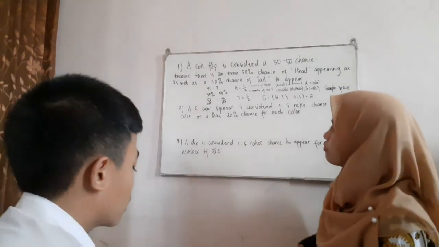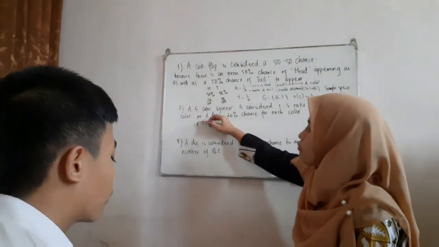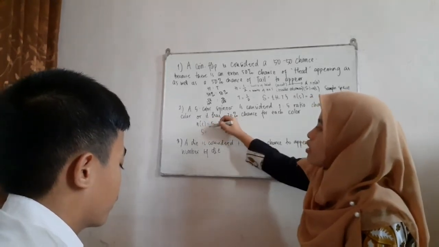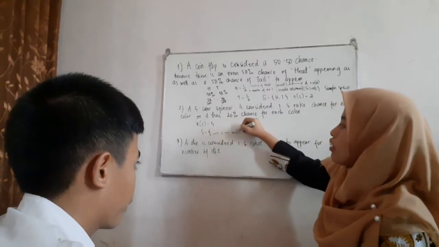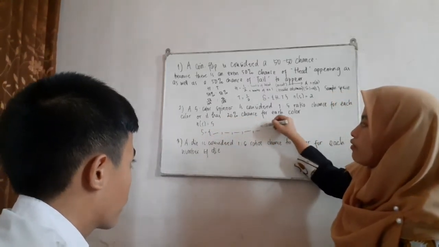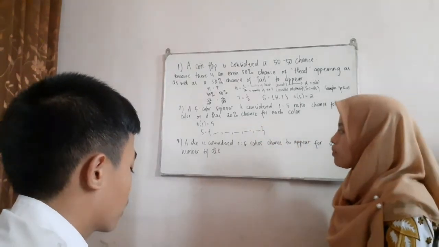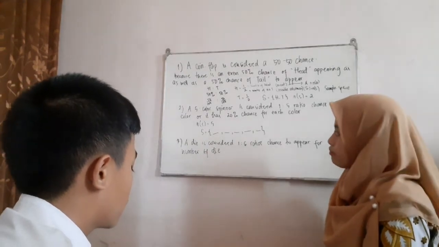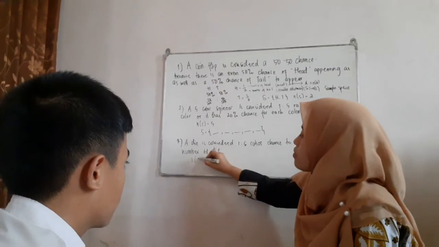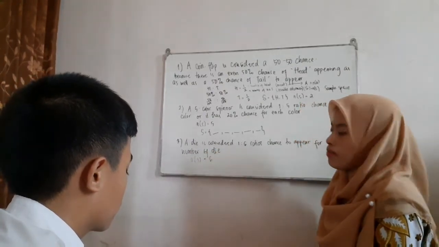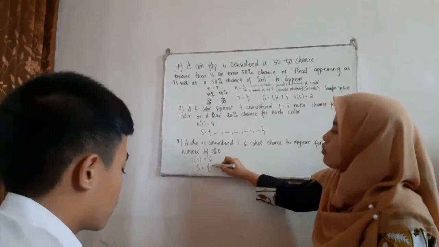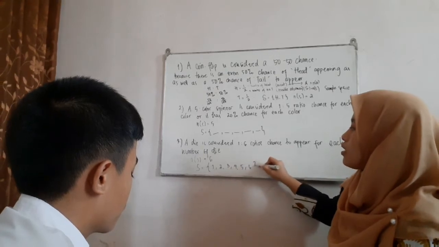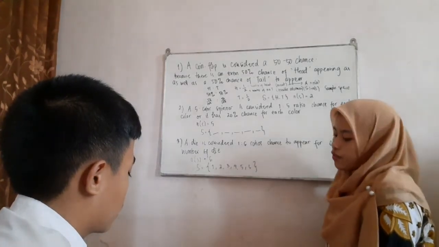For rolling a 5-color spinner, there are 5 possible outcomes, Miss. 5 possible outcomes. And the sample space could be the first color, second color, third color, fourth color, and the fifth color. And how about the die, the third statement? 6, Miss. The number of possible outcomes is equal to 6. What is that? 1, 2, 3, 4, 5, and 6 on the die. So very good, Sandy.